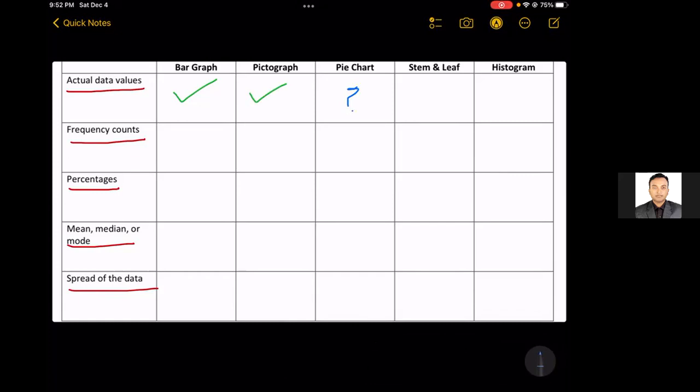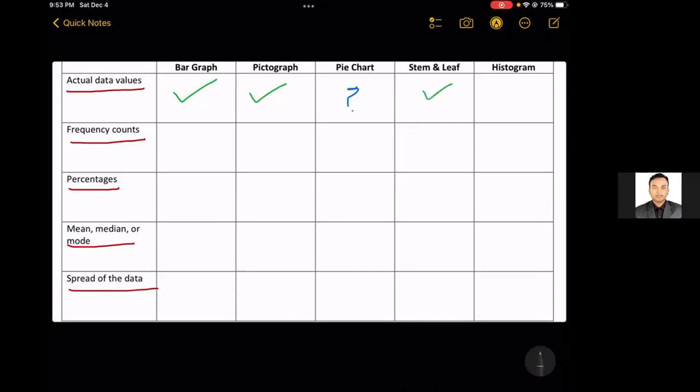Often, we may not need actual data values to draw a pie chart, just the percentages. Stem leaf, since we deal with numbers, we separate the values from the tenth position and the other values. Obviously, the actual values have to be given.